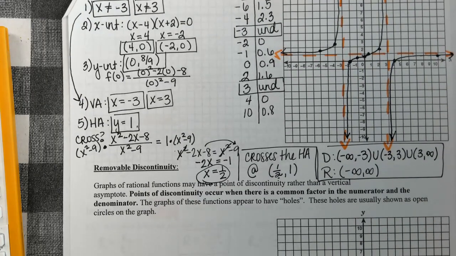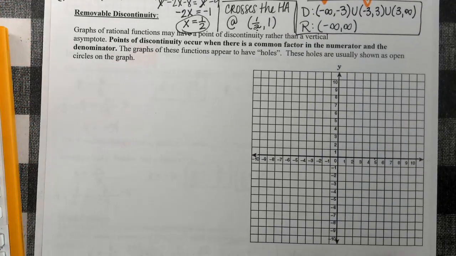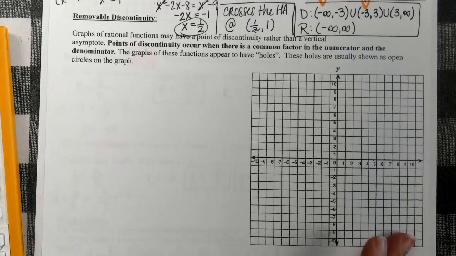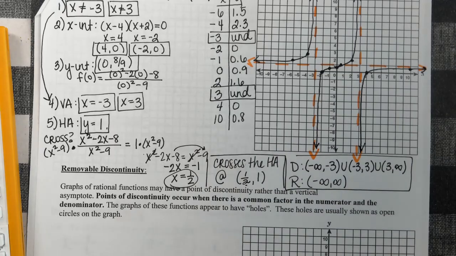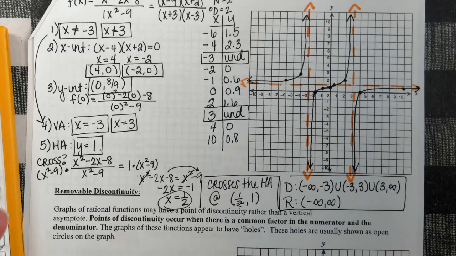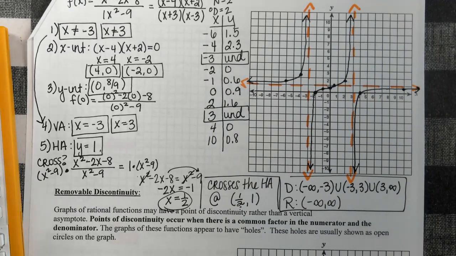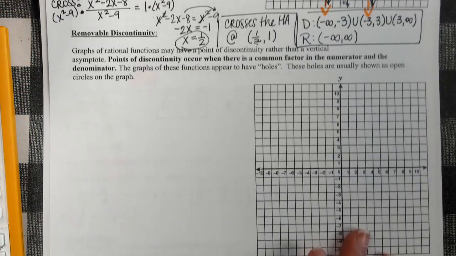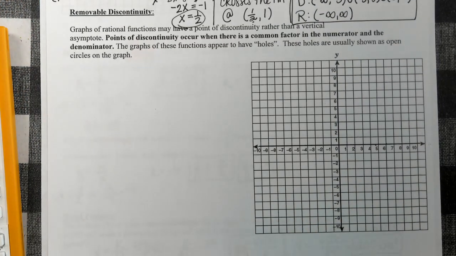Other questions? Okay, so now we're going to talk about a point of discontinuity, which is a removable discontinuity. Your graphs are continuous for each section, and that's why I hound y'all about arrows, because your graphs are continuous functions. If you don't have arrows, then it makes it discrete instead of continuous. So what's happening with a point of discontinuity is you are able to cancel out a factor once you simplify it.